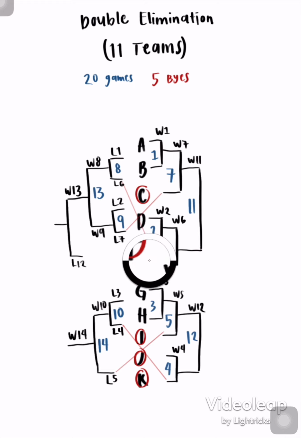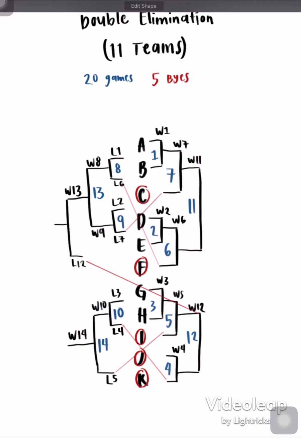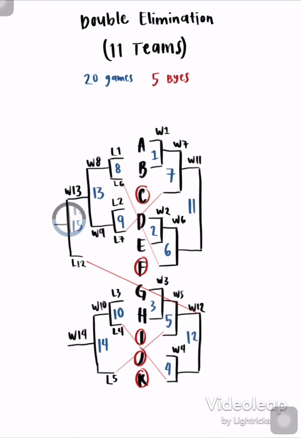And this is going to be our game 15. Now same goes to winner 14. Winner 14 has to compete with someone, and they're going to compete with the loser from game 11.